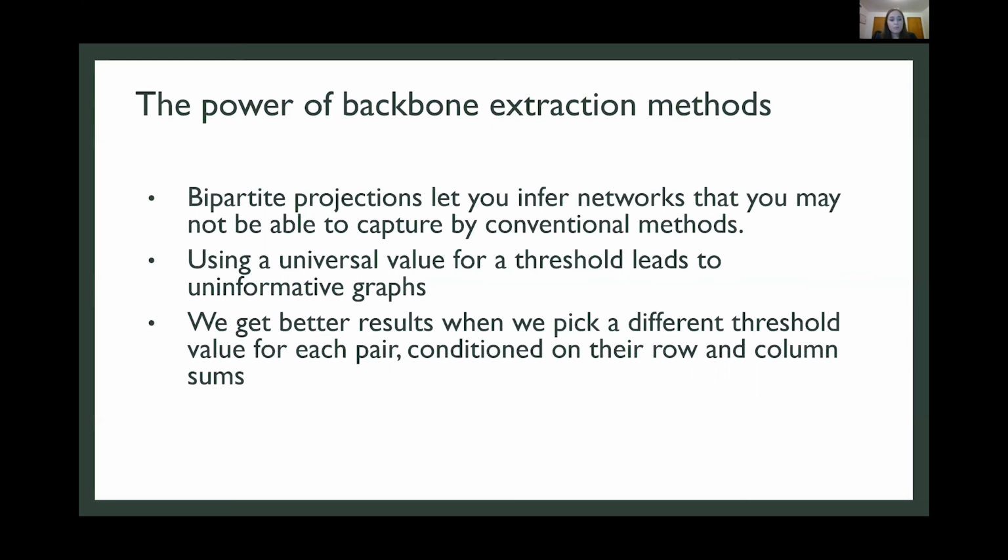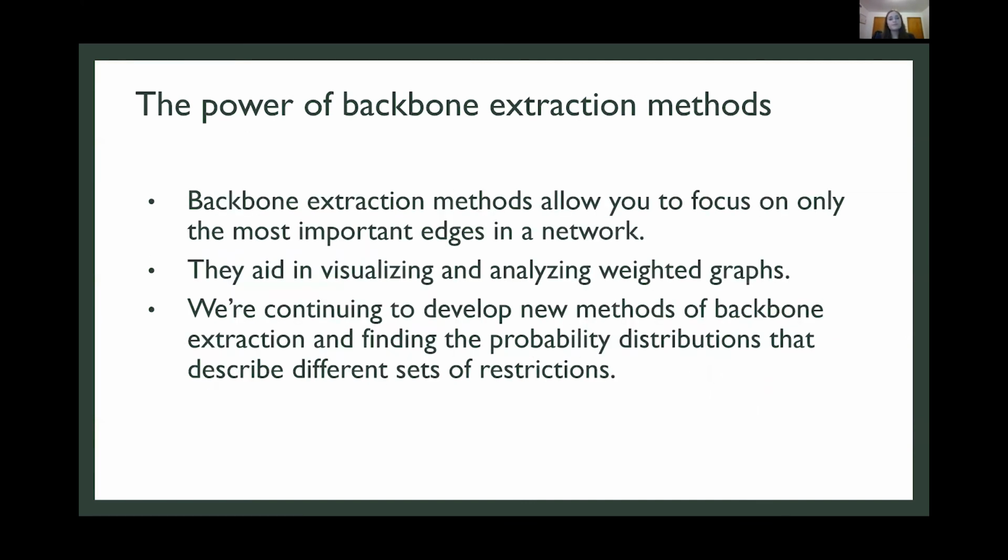And when we pick a specific threshold value for each edge, conditioned on the row and column sums, we start to see what's actually going on in the network. So our goal is really just to pick a model that will really represent what's going on in the actual network. So we're going to continue to develop new methods of backbone extraction and find probability distributions that describe different sets of restrictions.